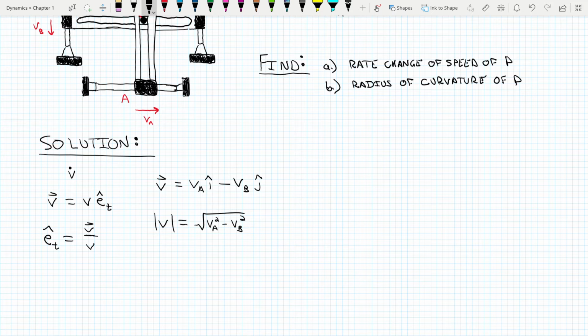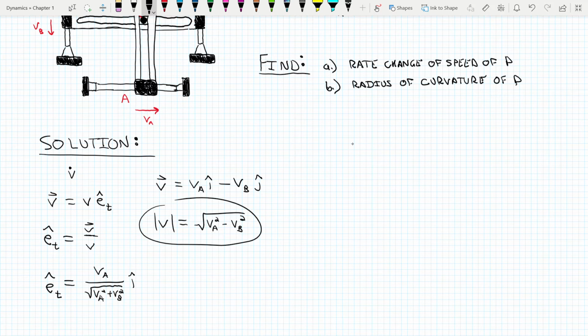So then we have E sub T. If we use this and plug it in, we get VA divided by the square root of VA squared plus VB squared I hat, plus VB over the square root of squares again.